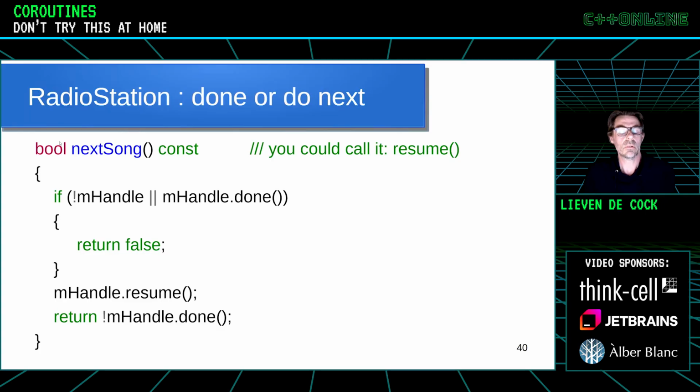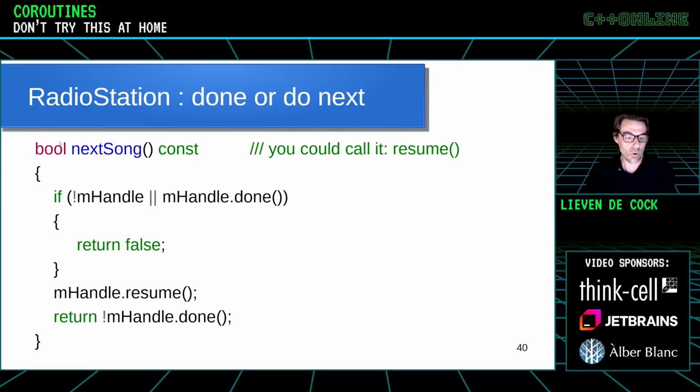Next song. That was one of the methods we came up with that we wanted on our radio station. Now, if there is no handle, or there is a handle and the handle says we're done, there is no next song. We return false.